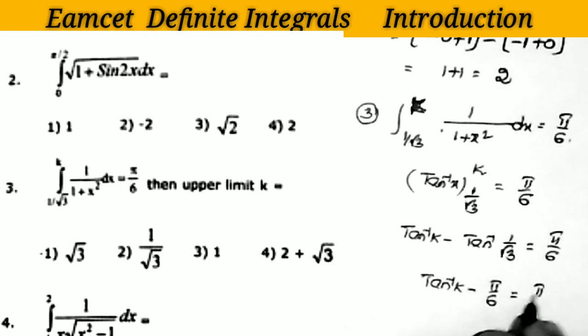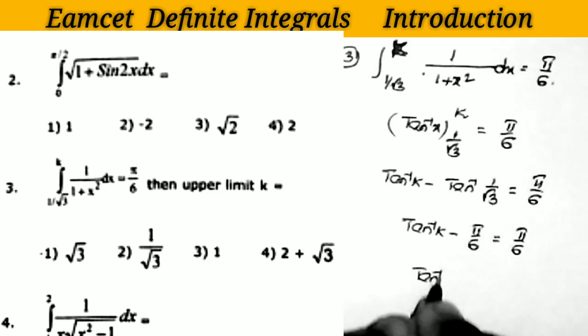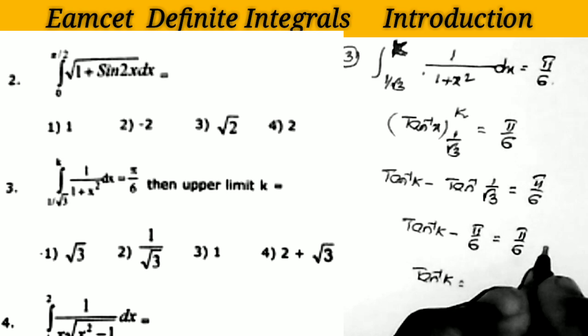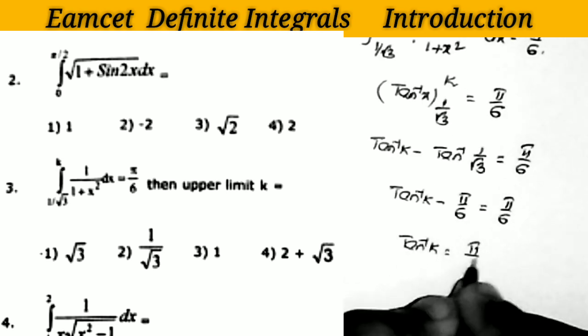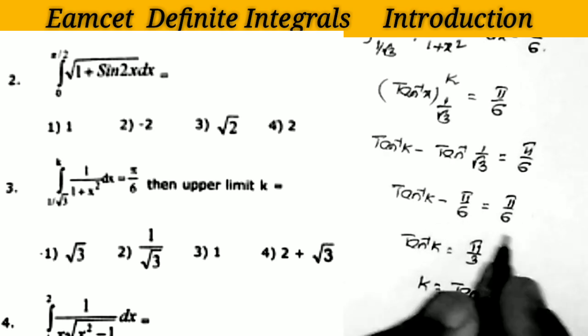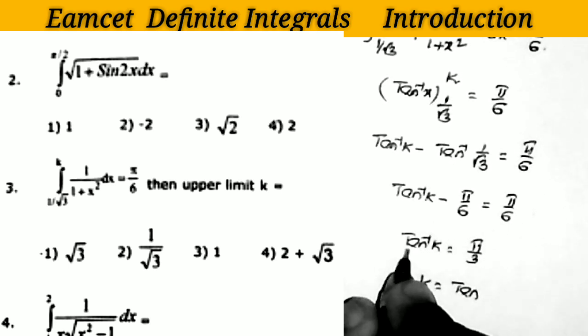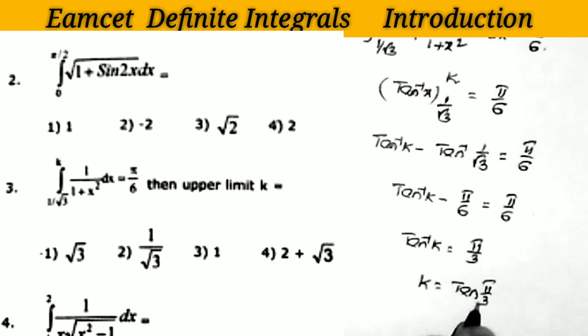So tan inverse of k is equal to pi by 6 plus pi by 6, that is 2 pi by 6, which is pi by 3. Now writing this tan inverse to the other side, it becomes tan pi by 3, and tan 60 is equal to root 3. Therefore the value of k is root 3, and that is the first option.